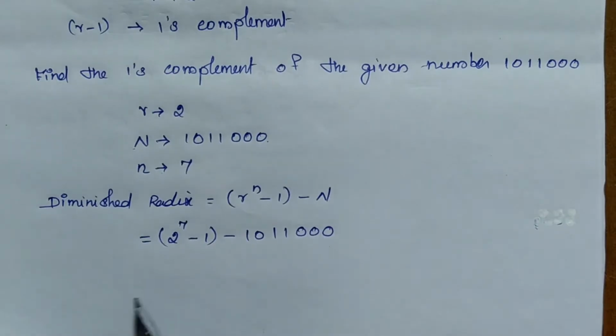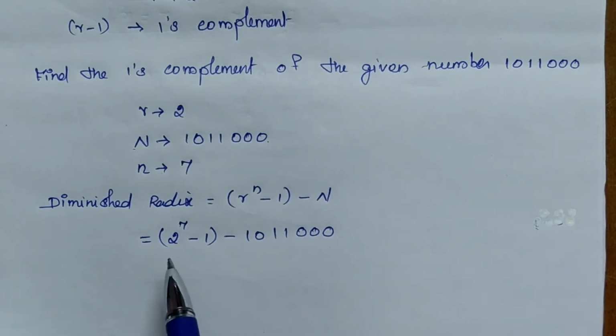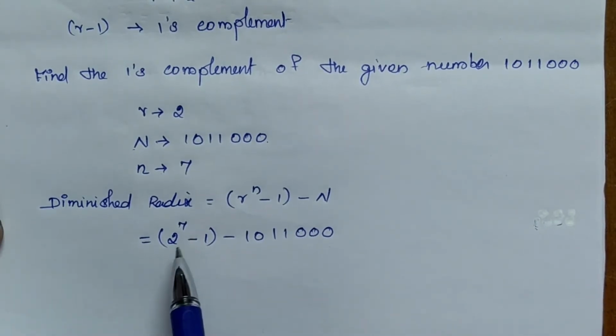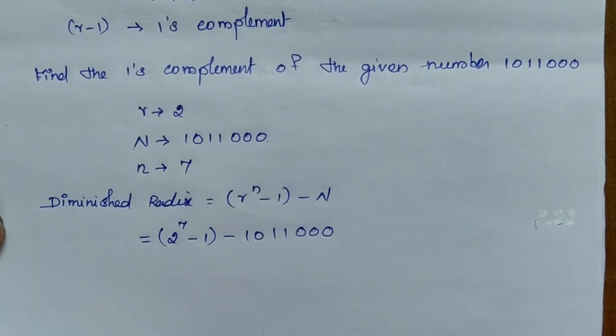1011000. Normally most of the students do mistake over here. So here they will consider the decimal value and they will subtract it. That means they will simply consider the value as 128 and they will subtract the value to the remaining value and that will end up with wrong answer.